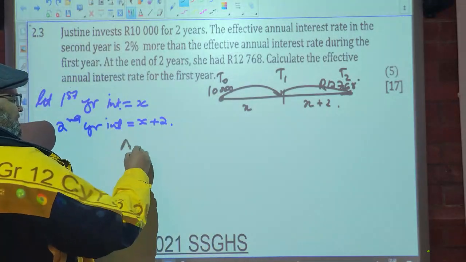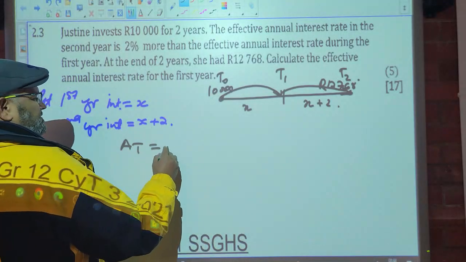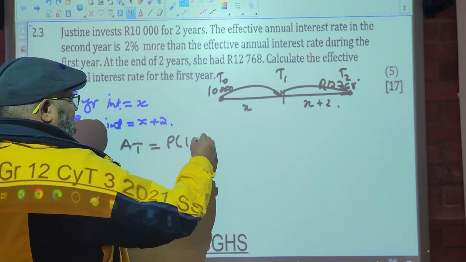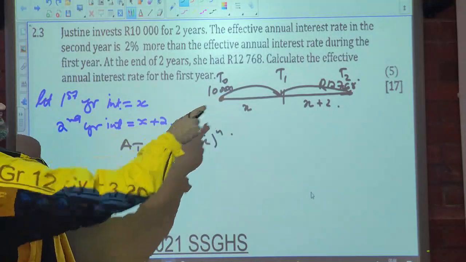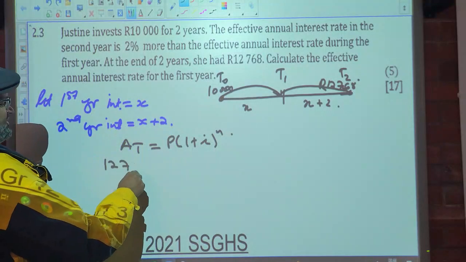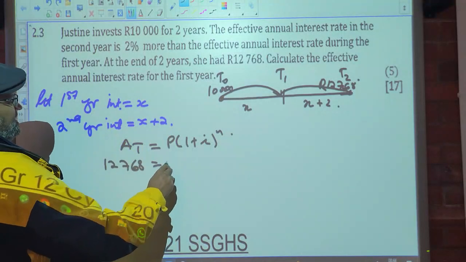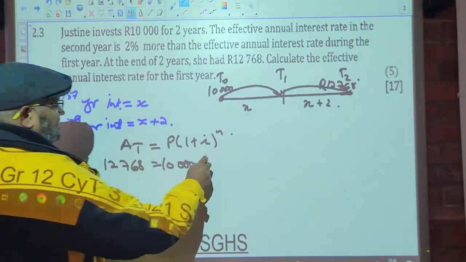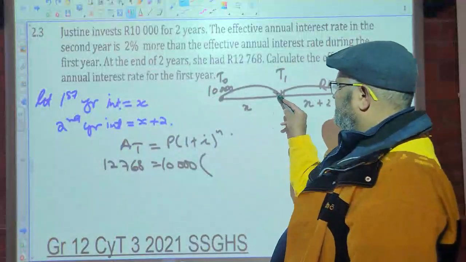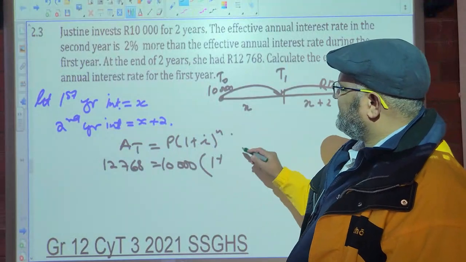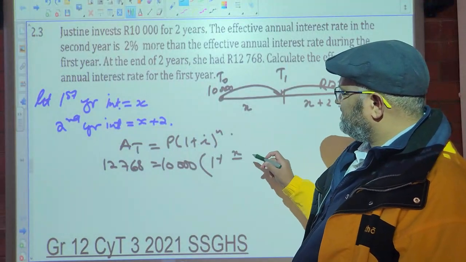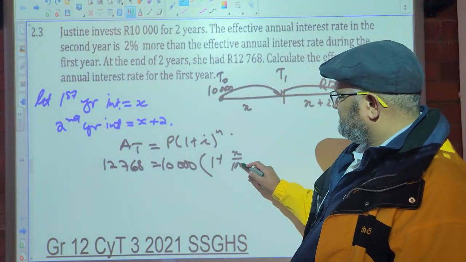So A total is equal to P into 1 plus i to the exponent. So at the end of 2 years, you got 12,768 rand equals principal, which is 10,000 rand. So for this part here, it's going to be 1 plus i, which is X over 100.